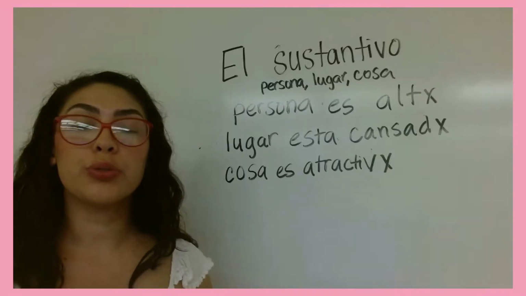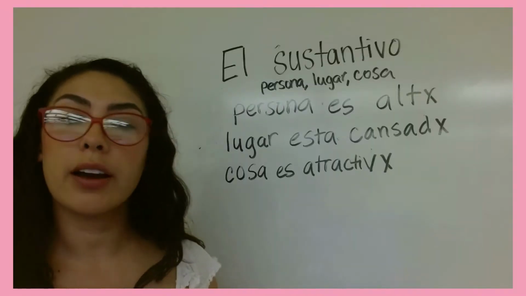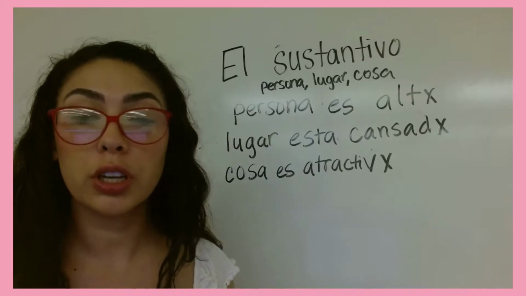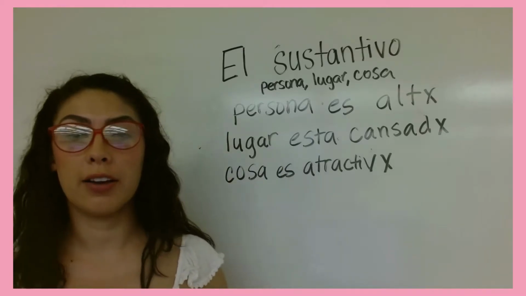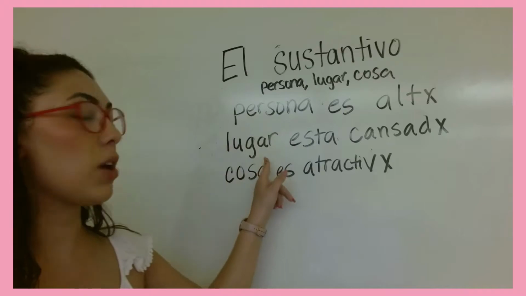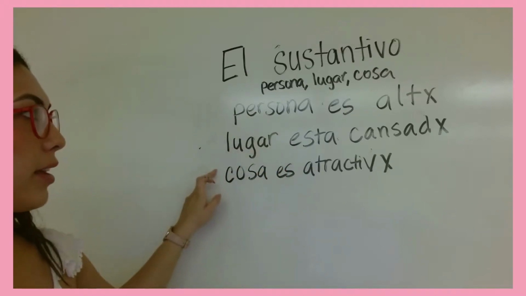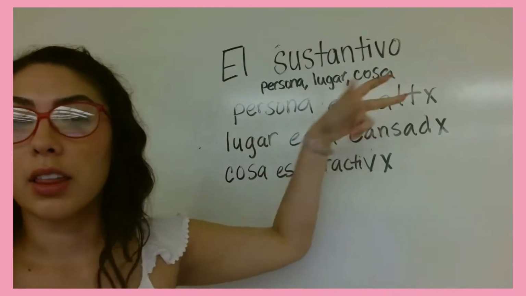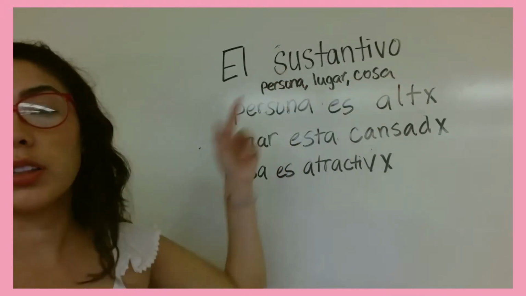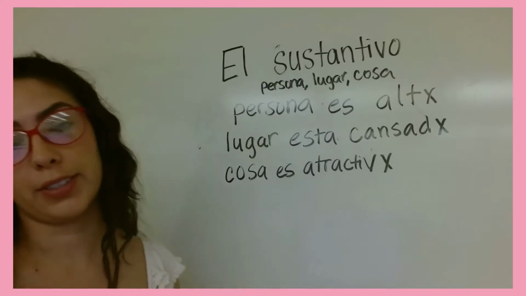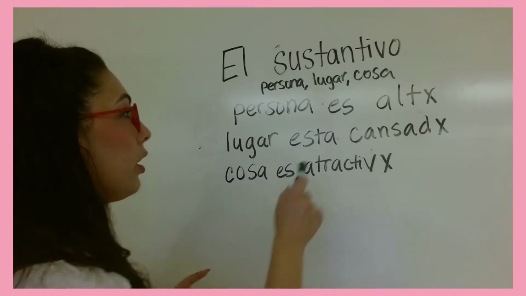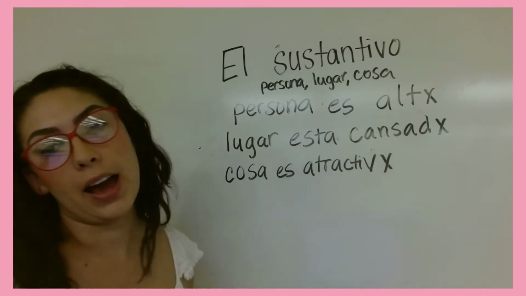Okay, so to emphasize the utility of articles in Spanish, I have persona, lugar, cosa. They're just person, place, thing. That's what makes up el sustantivo, that's what makes up nouns. So these are my adjectives.